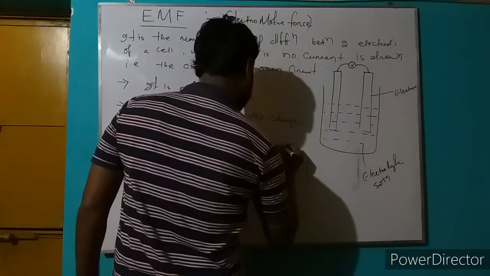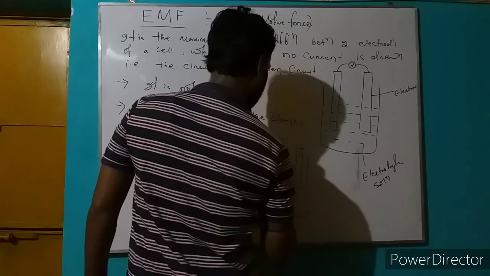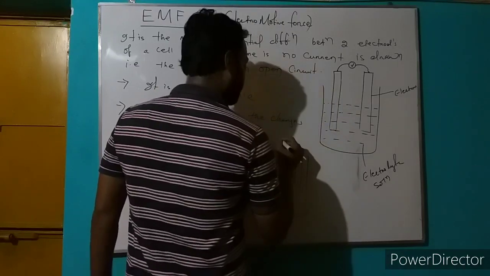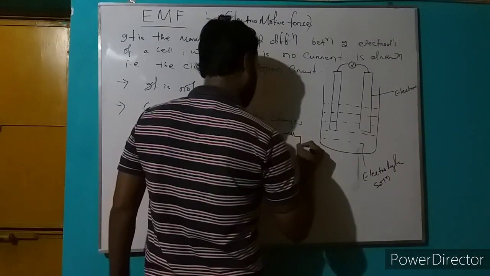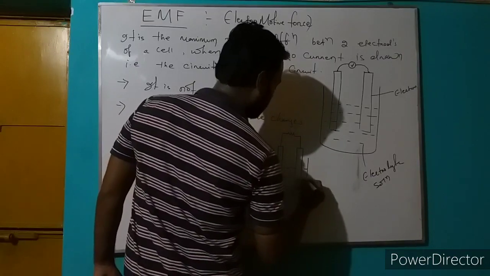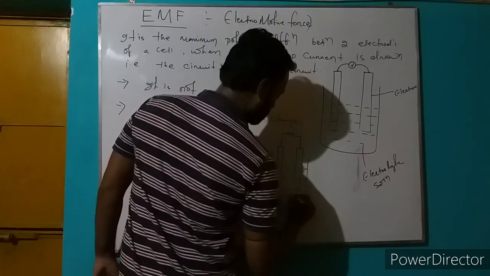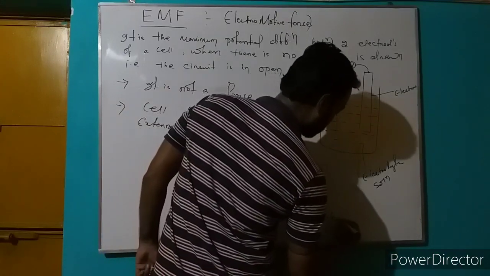Here two electrodes are there, and those two electrodes are connected to an external resistor. And inside the cell, inside the beaker, there are electrolytes. This is the electrolyte.